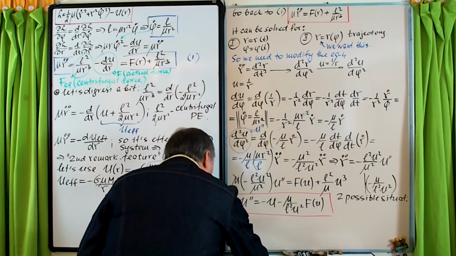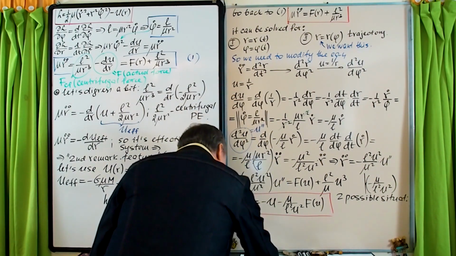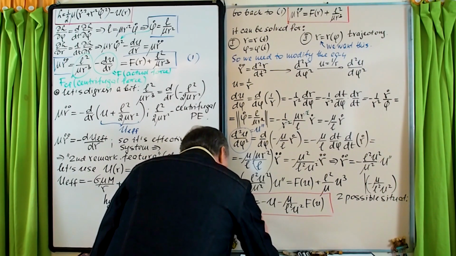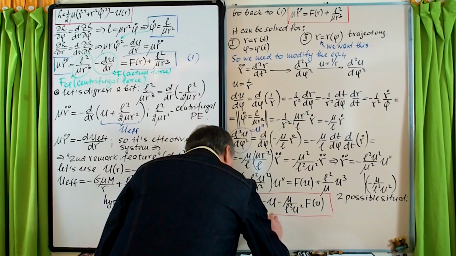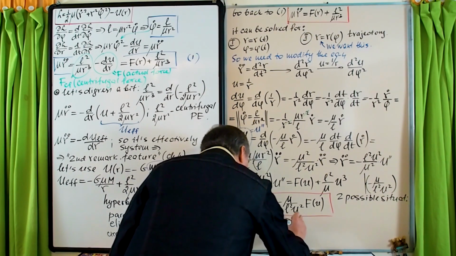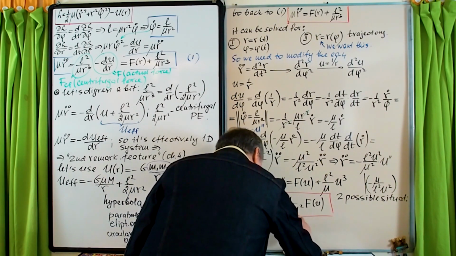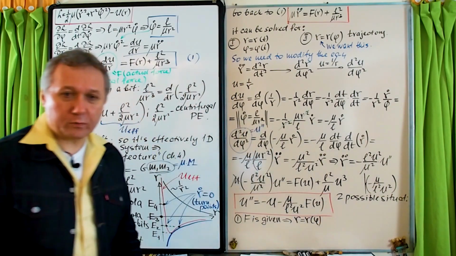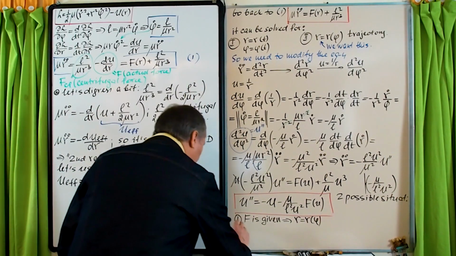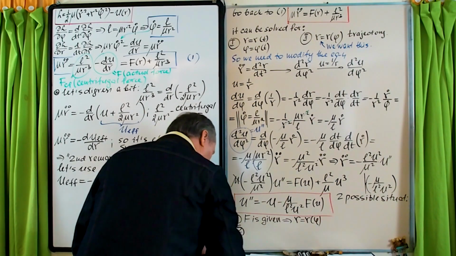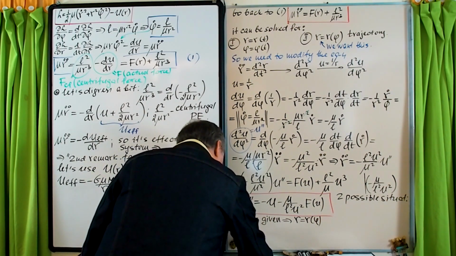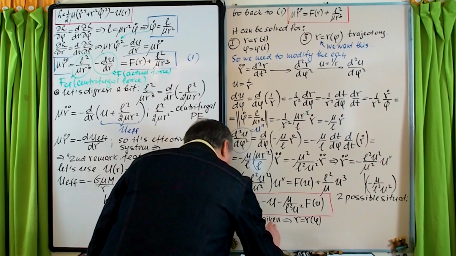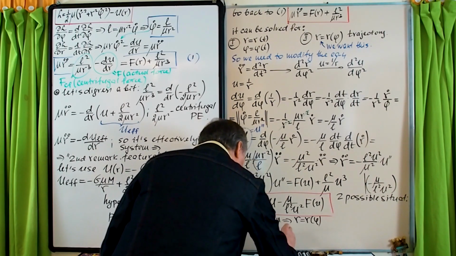So the first problem: F is given, and of course you need to get a trajectory. So r equals r as a function of phi. So that's one problem. And of course the second: r as a function of phi is given.